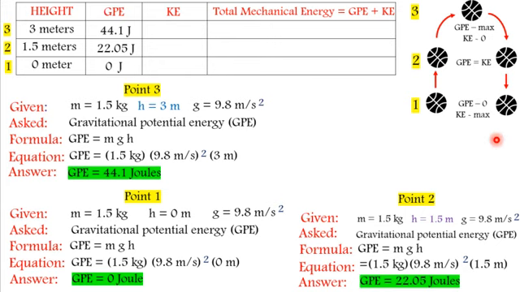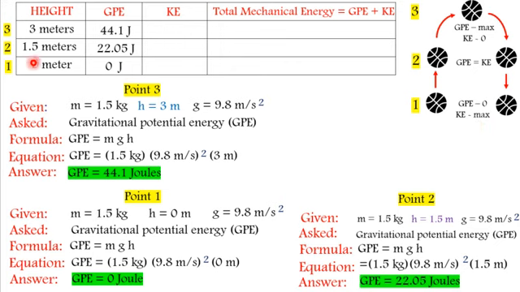So let's start with point 1. It says here that GPE is equal to 0, which is true. We get this in our calculation that at point 1, GPE is equal to 0, while kinetic energy is at its maximum value.